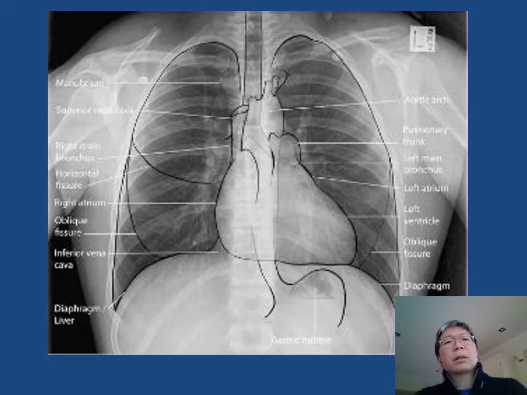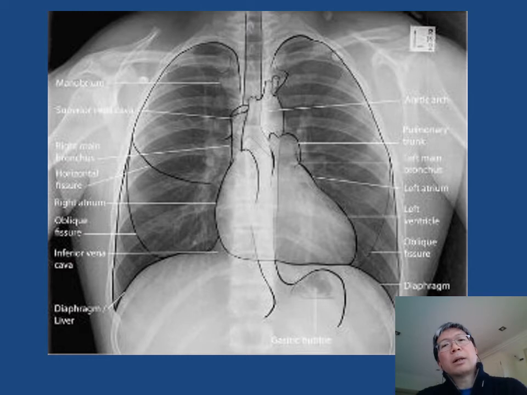The right lung comprises 3 lobes: the right upper lobe, which borders with the right middle lobe and is separated by the horizontal fissure. This fissure can sometimes be seen on a normal film. The oblique fissure separates the right middle lobe from the right lower lobe, which is occasionally seen on the plain radiograph.